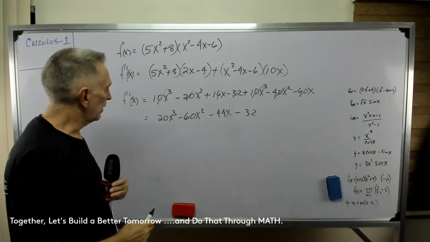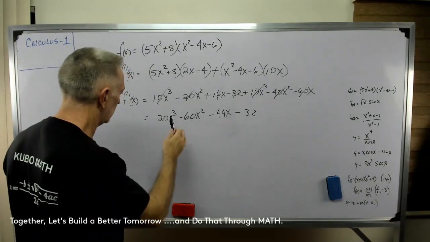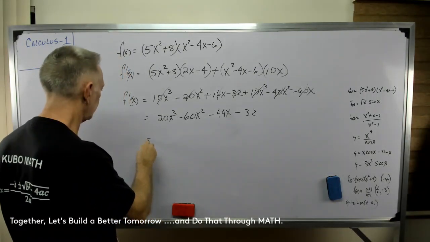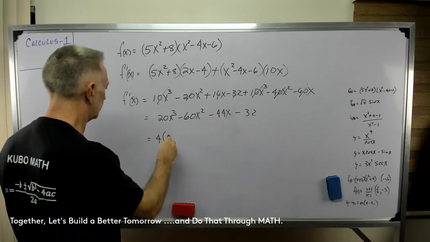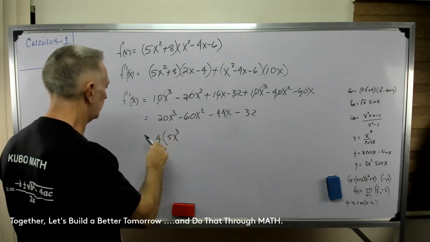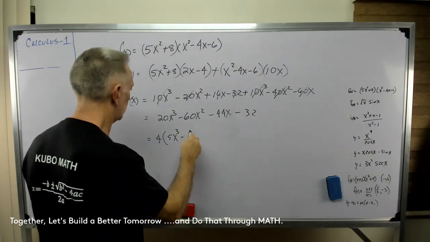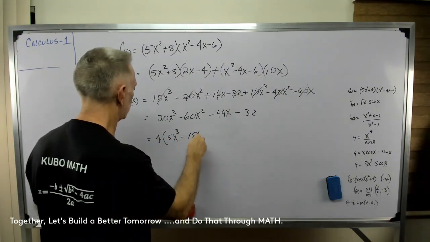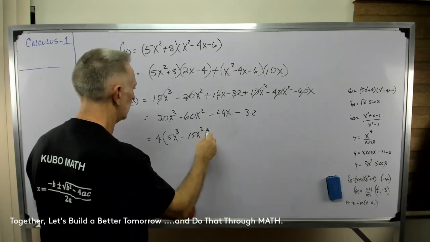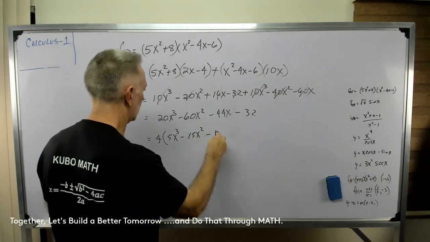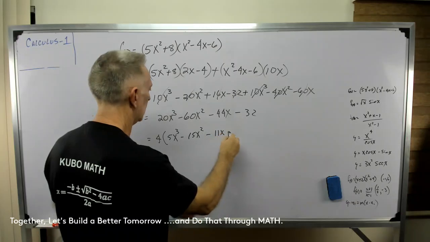Well, obviously we can factor something here. What about 4? 4 times 5x cubed, 4 times 5 is 20. Minus 4 going to that 15x squared, times minus 11x minus 8.